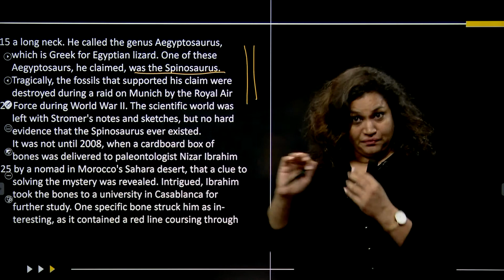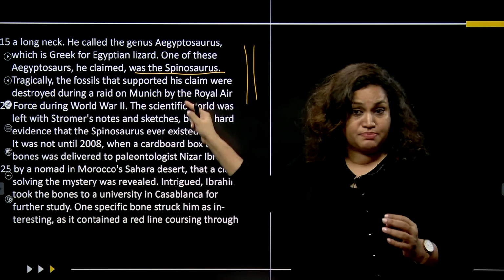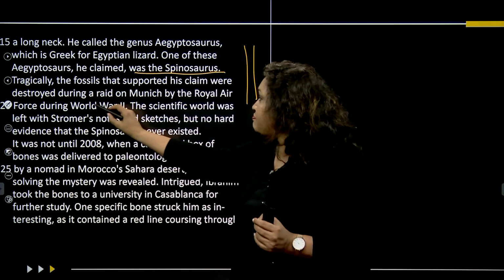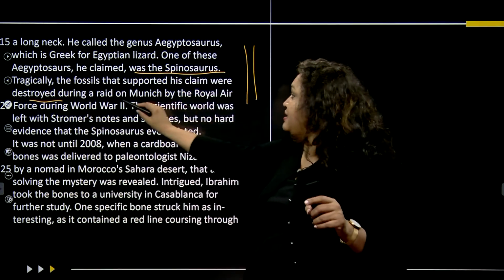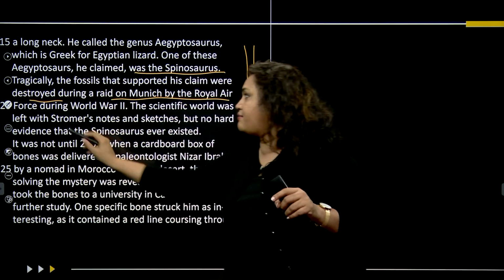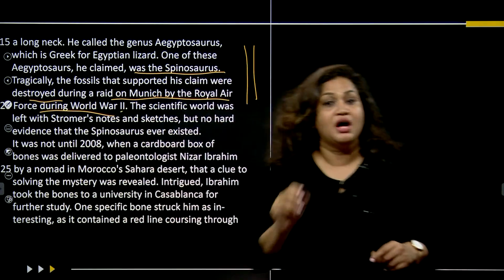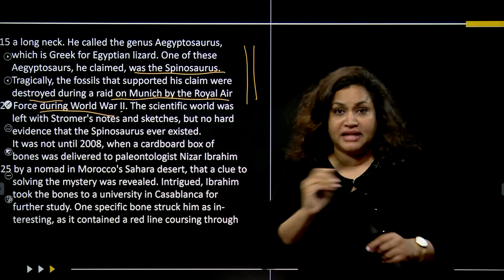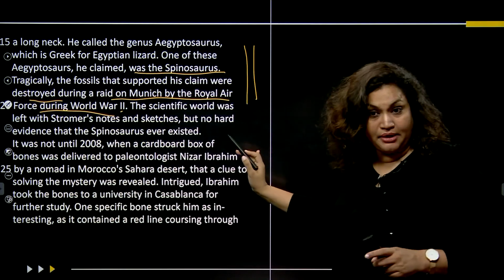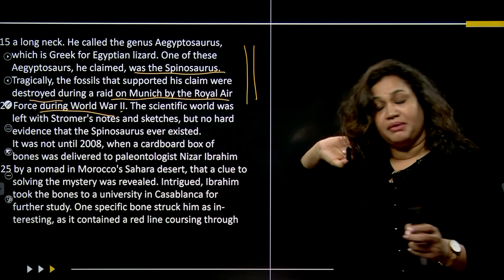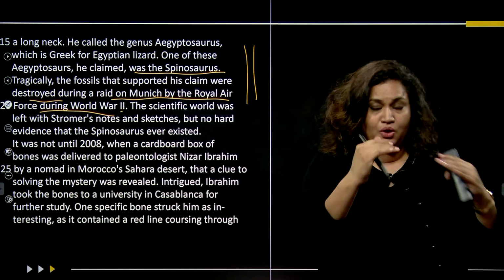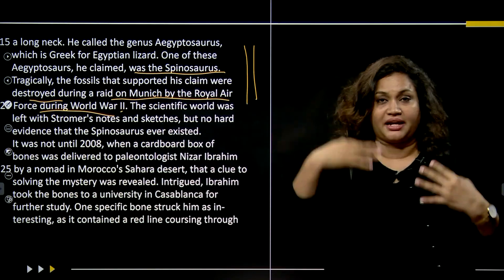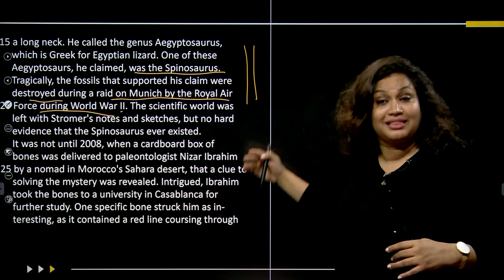So what is important in this part is that destroyed is one word that is important, and raid on Munich by the Royal Air Force during Second World War II is important. So that should go for the second flow chart, and that should go for the notes for the second part. So now let's go to the third one.